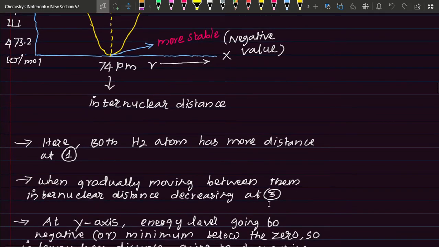So the 3 is the very less internuclear distance at exactly 74 picometer. The bond is formed.